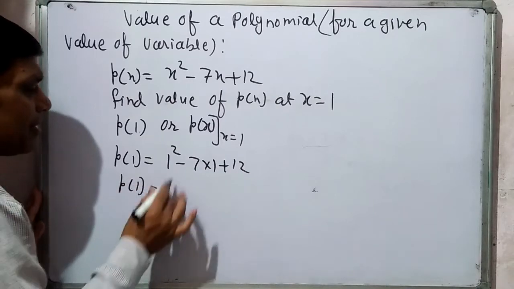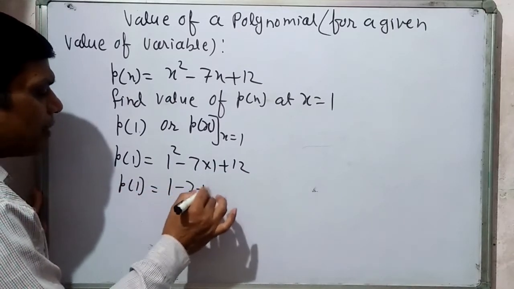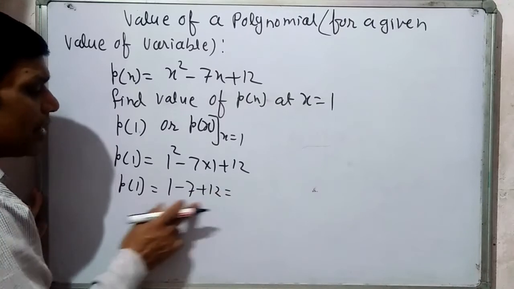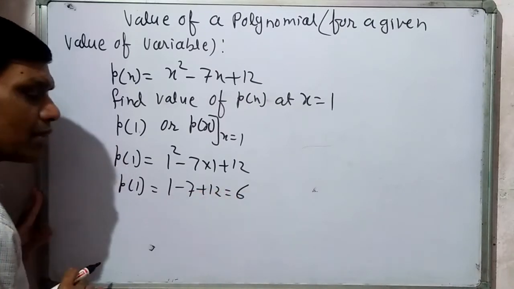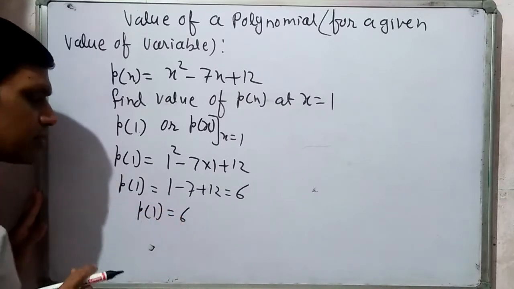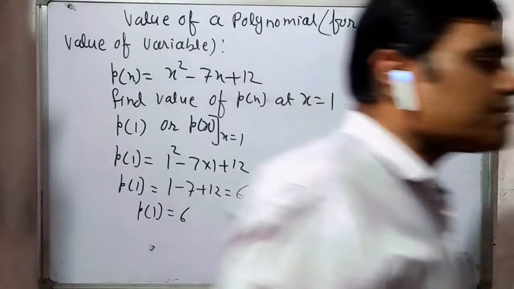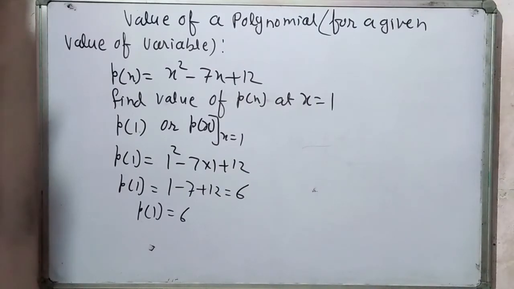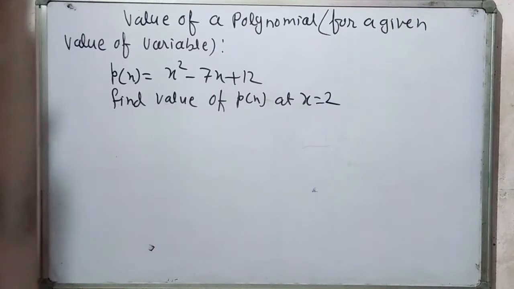It is 1 minus 7 plus 12, that is 6. So we can say p(1) is 6. p(1) is 6 means value of this polynomial at x equals 1 is 6.